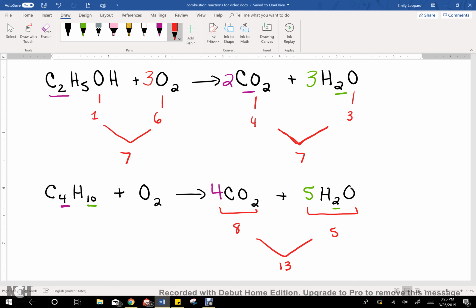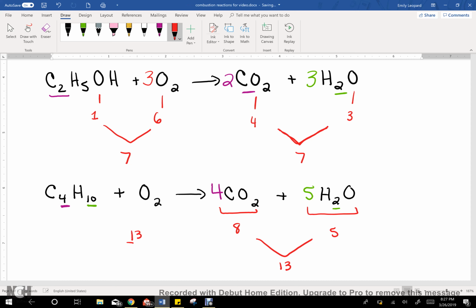But I don't really have anything that would get me to 13 straight away. Anytime you run into this issue when you're balancing, where you end up with an odd number of oxygens on the right and you only have O2 on the left, I'm going to recommend you use something called the fraction method. So here's what I want you to think about.